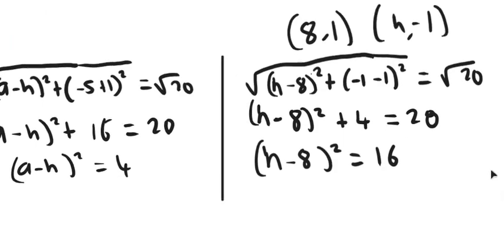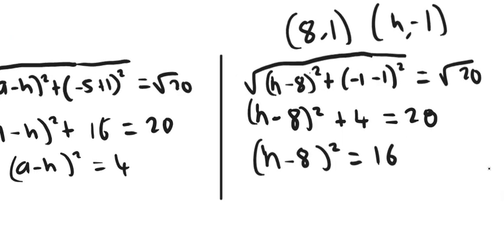So we're getting somewhere here then. I can square root both sides here and I'll get h minus 8 is equal to plus or minus 4 when we square root it.